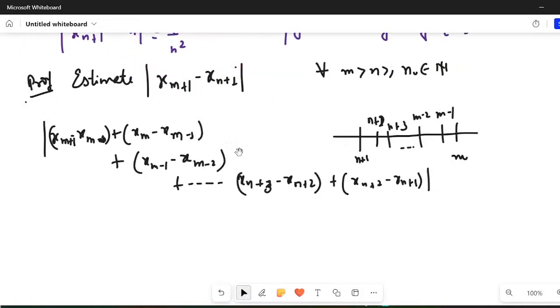So basically I need to estimate |x_{m+1} minus x_{n+1}|, which equals this, and by using the triangle inequality, I'm getting this.